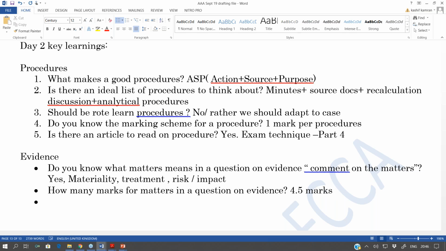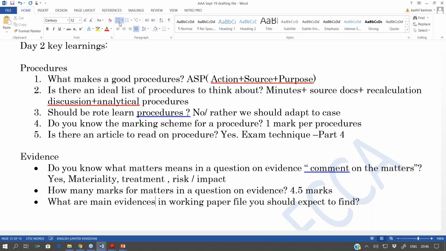Okay, next. Evidence. What are the main evidences in the working paper file you should expect to find? Did we make a list of them? Yes. Copies of management documents, results of recalculation, and results of analytical procedures.